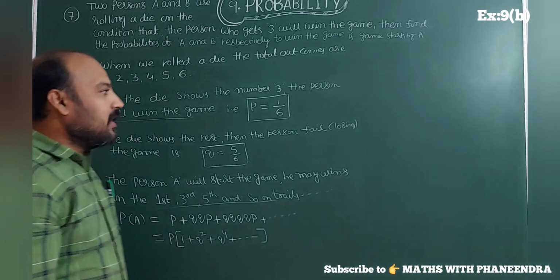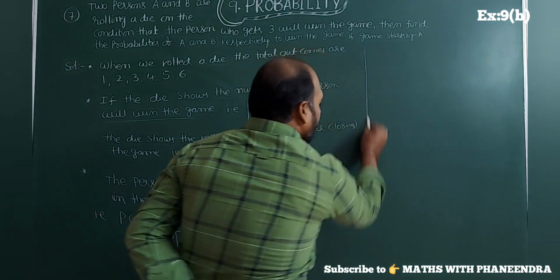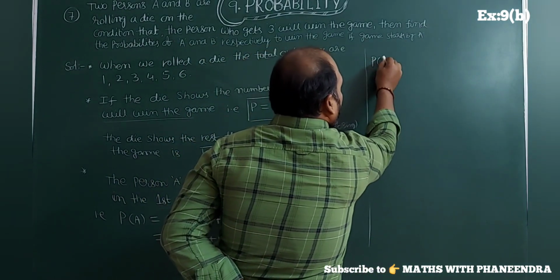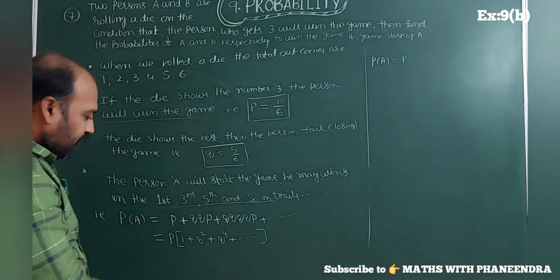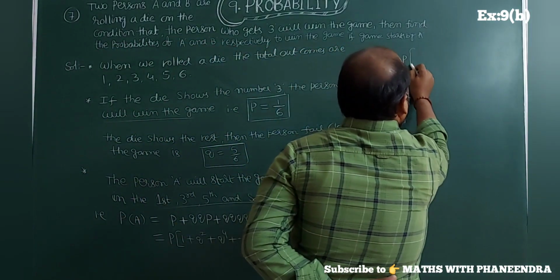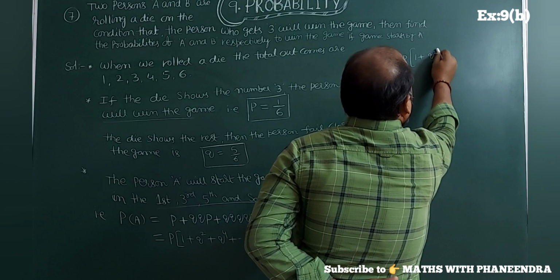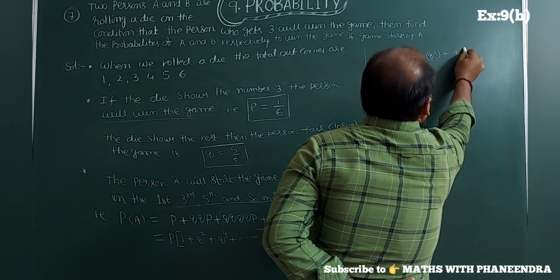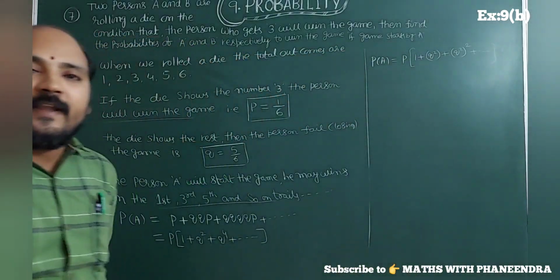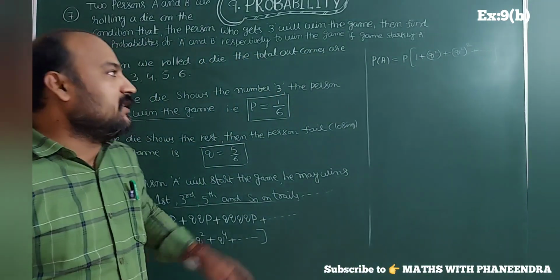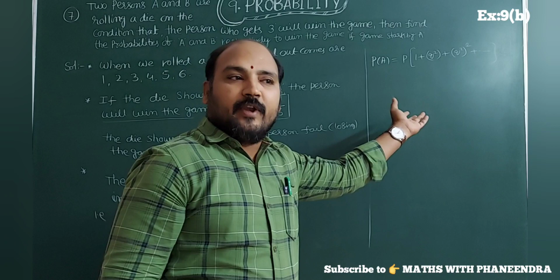So this also can be written as P of A equal to P into 1 plus Q square, Q power 4 can be written as Q square whole square, plus and so on. It is in the form of sum to infinity.